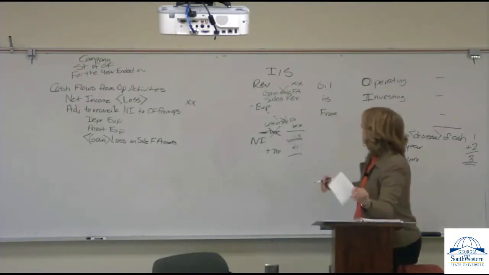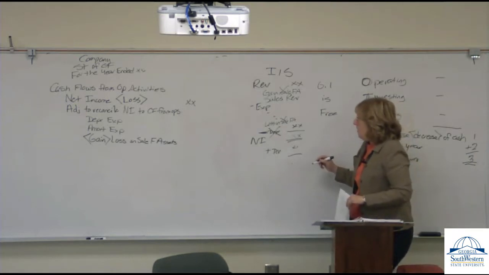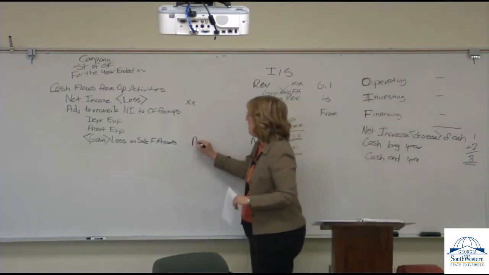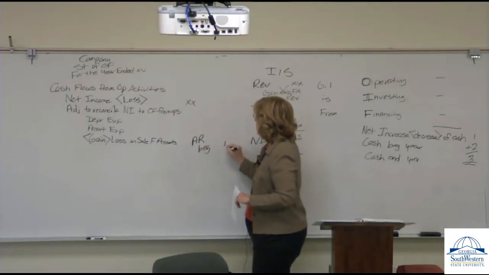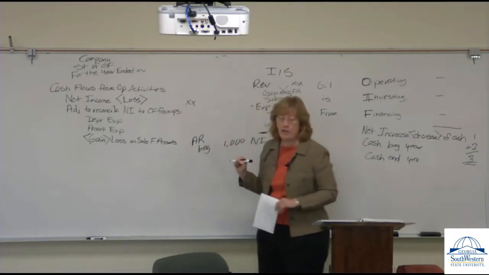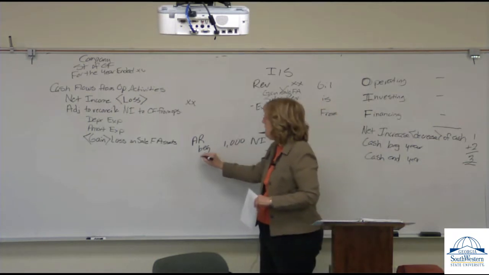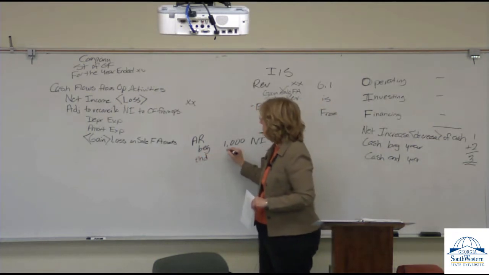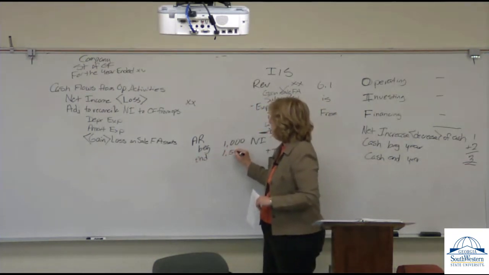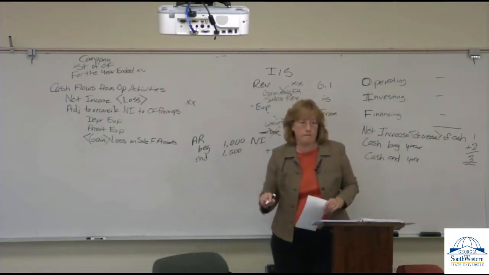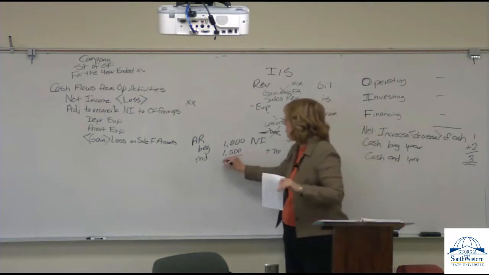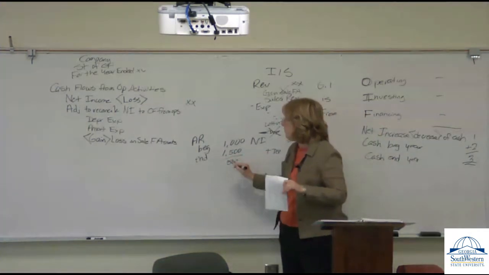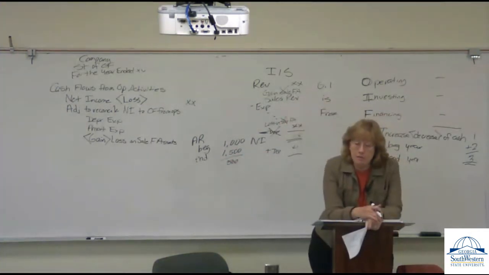For example, if we're looking at accounts receivable at the beginning of the year, let's say we had accounts receivable of $1,000. And then at the end of the year, we had accounts receivable of $1,500, right? So our change is $500, our change in accounts receivable.